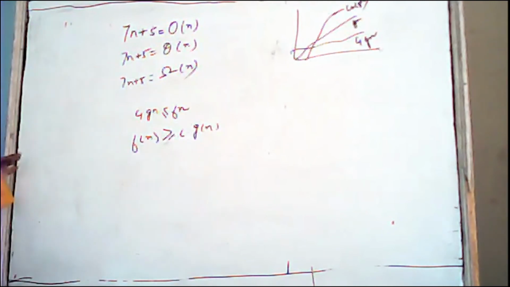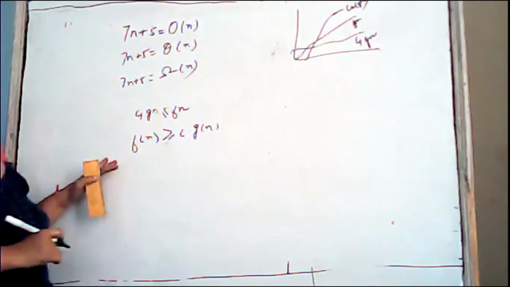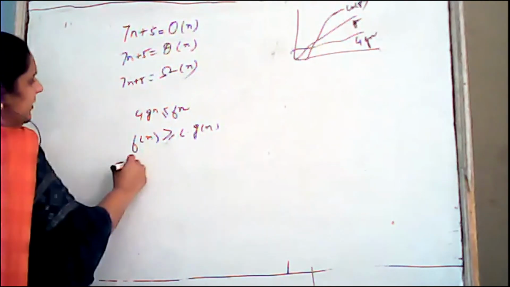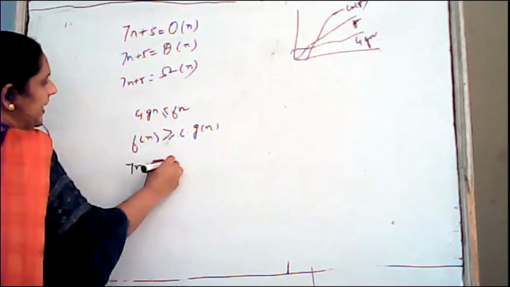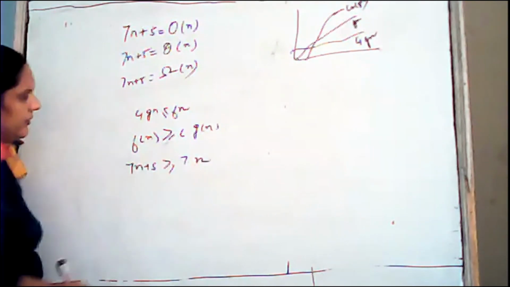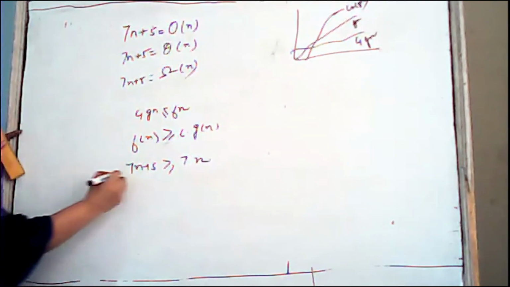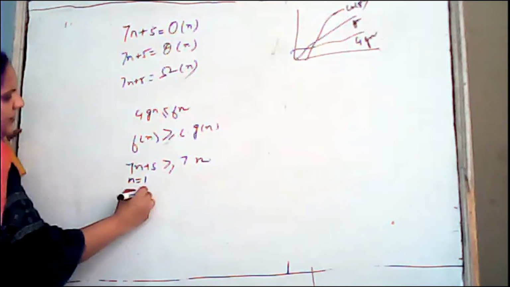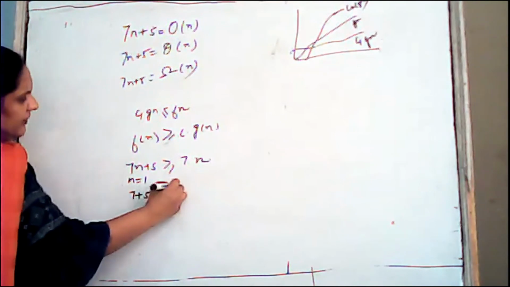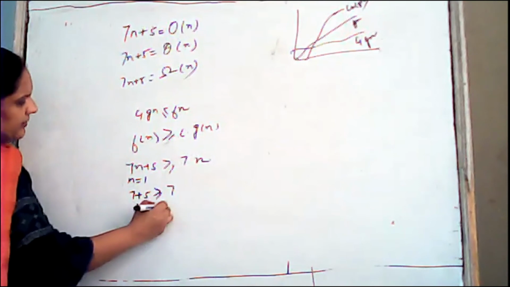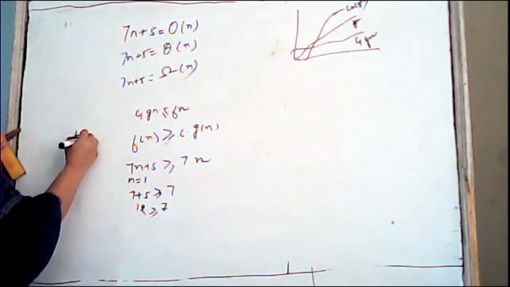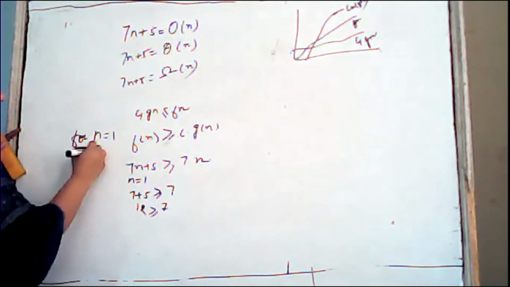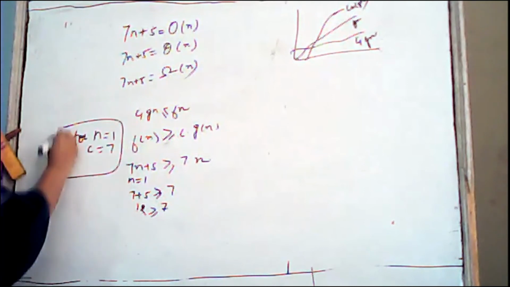That means F of n should be greater than C of G of n. That means what? F of n is 7n plus 5 and it should be greater than 7n. Fine. So substitute n is equal to 1, you will get 7 plus 5, 12, which is greater than 7. For n is equal to 1 and c is equal to 7, you will get this answer.